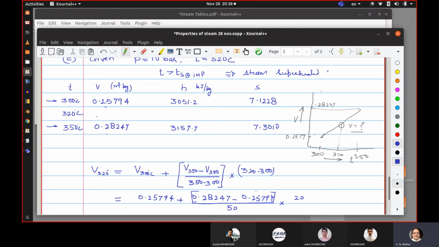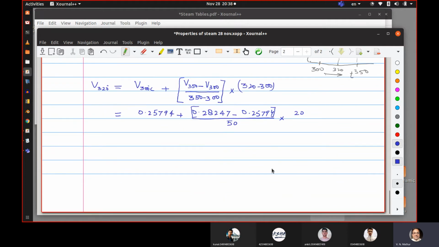So this change is for 50 units, and we are interested in the change for 20 units. So 2/5 of this change plus the initial value should give us the volume. So let us do this quick calculation. 0.25794 plus, calculator.